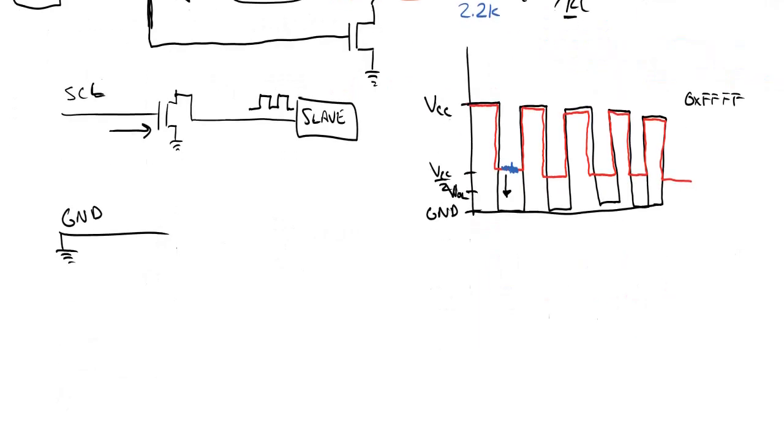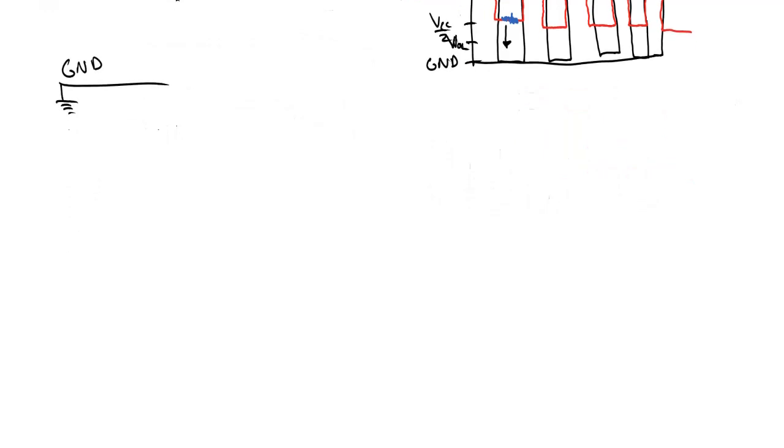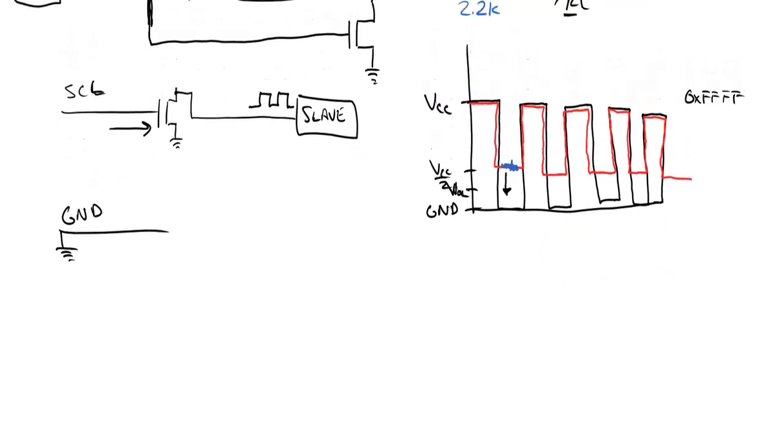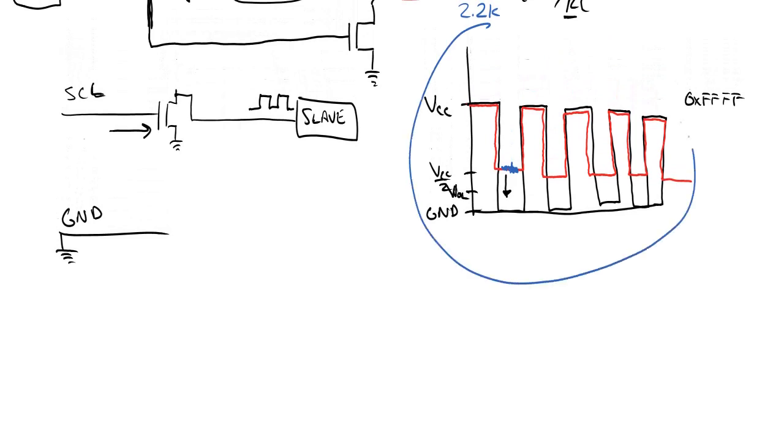One other thing I wanted to mention is an easy way to get this plot. A trick you can use on your oscilloscope is to probe the SDA and the SCL lines.